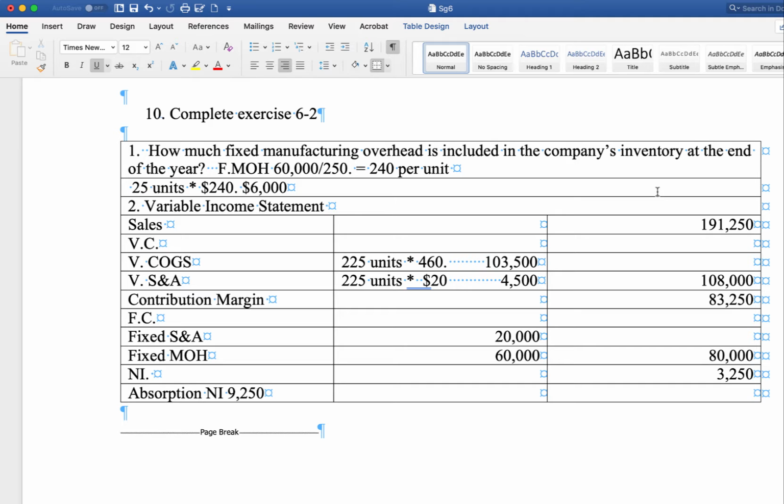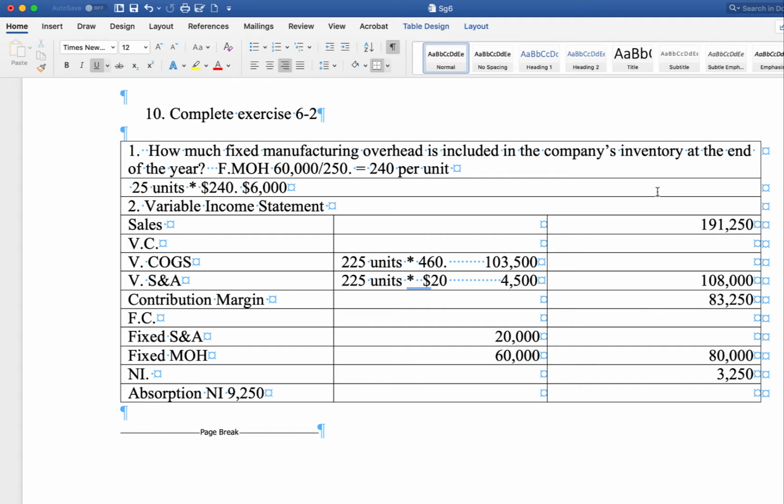So notice what my net income is, or net operating income is, under the variable method. It's $3,250. Okay. The problem in the book tells us that under the absorption method, your net operating income is $9,250. That's great. There's a difference of $6,000. Why? Because of how we view the fixed manufacturing overhead.